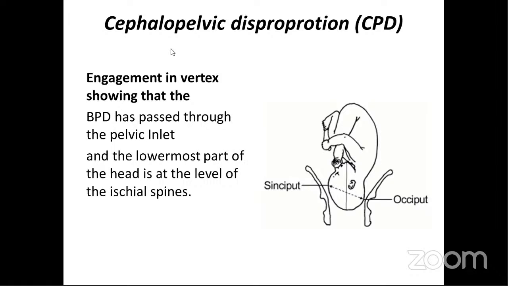And even when there is a normal pelvis, sometimes the fetal head is larger. In that case also there is a true CPD. So true CPD, as I told, is not very common, but what is more common is the relative CPD.